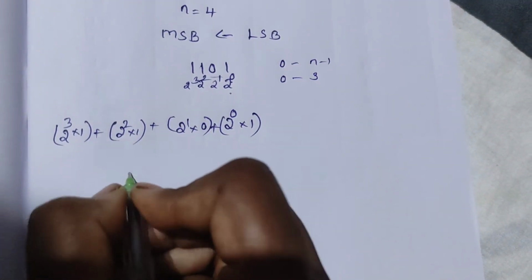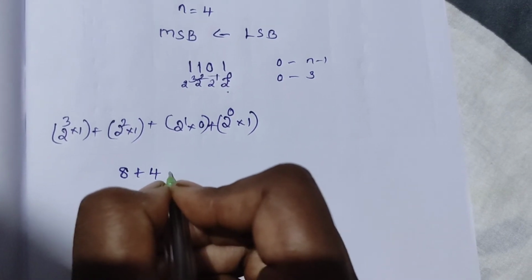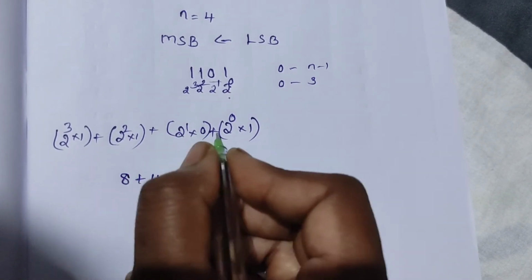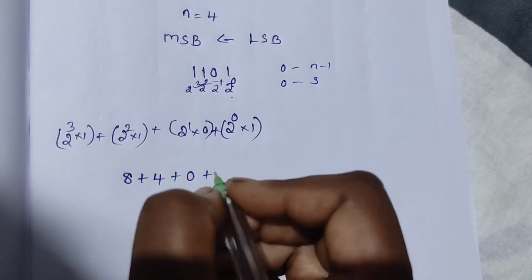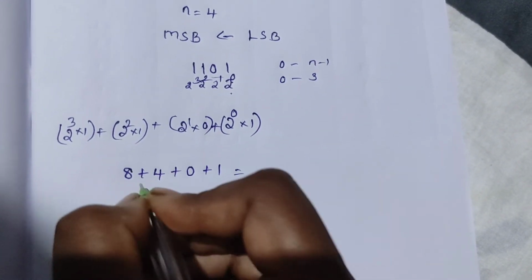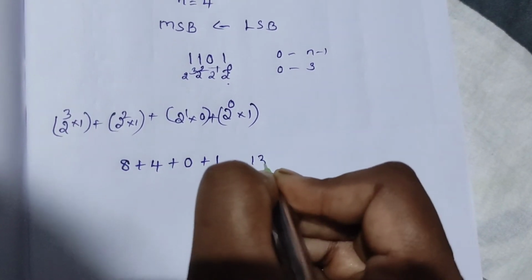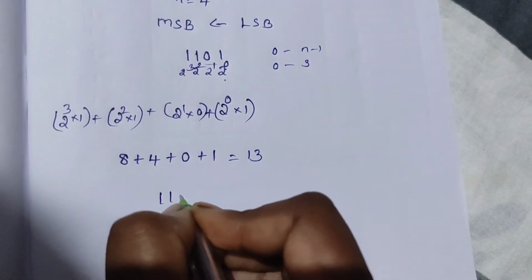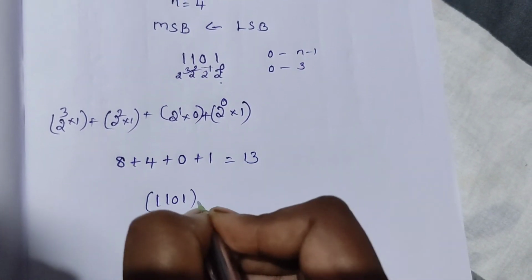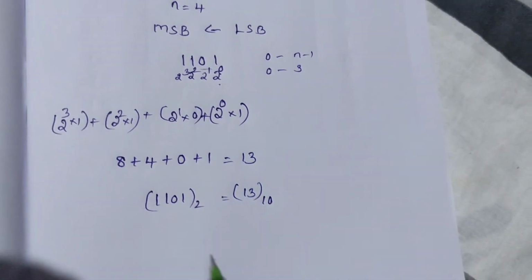So 2 power 3 is 8 into 1 is 8, 2 power 2 is 4 into 1 is 4, 2 power 1 is 2 into 0 is 0, plus 2 power 0 is 1 into 1 is 1. Adding all these values equals 13. So this is the decimal equivalent of the binary number 1101. This is the decimal conversion of a binary number.